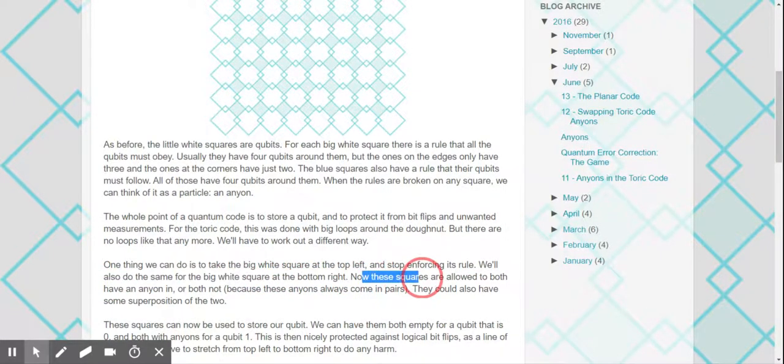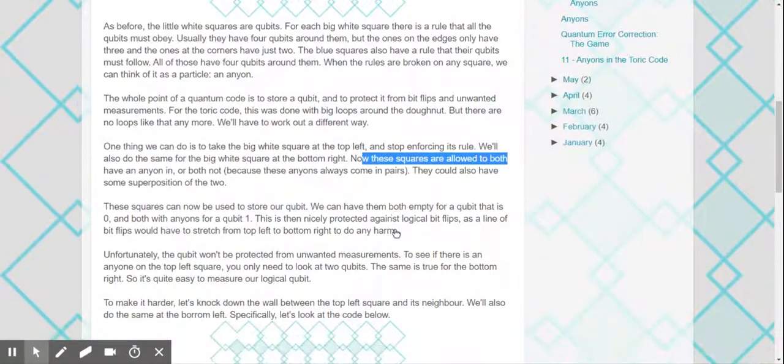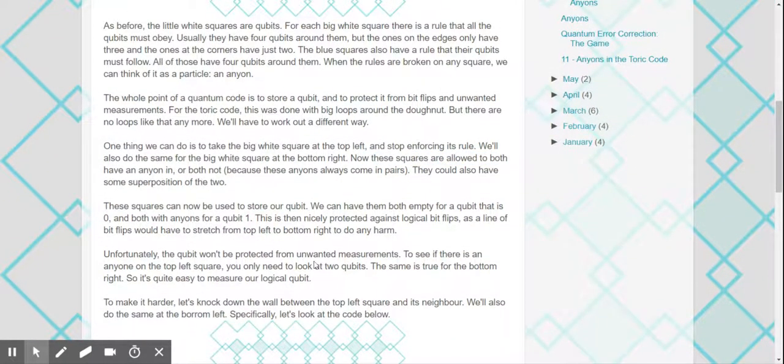Now these squares are allowed to both have an anion in or both not, because these anions always come in pairs. They could also have some superposition of the two. So it's basically just saying that these two behave as if they were close to each other, as if they were connected. These squares can now be used to store our qubit.